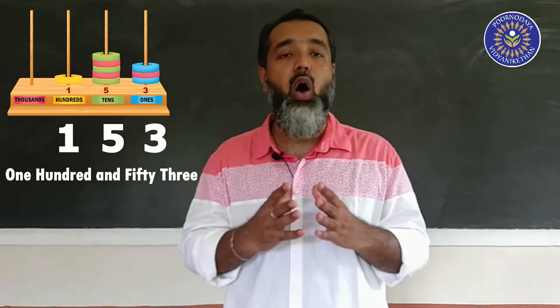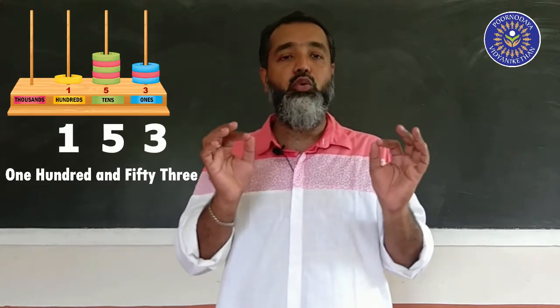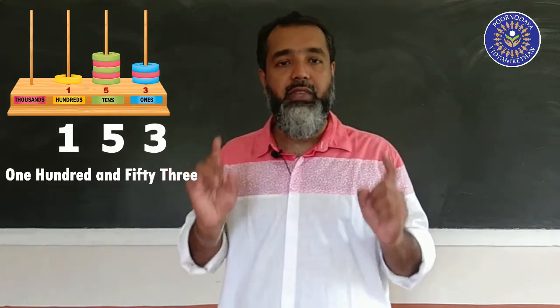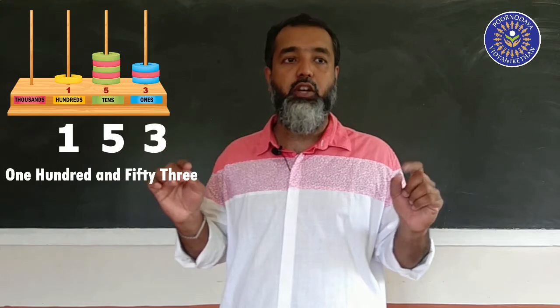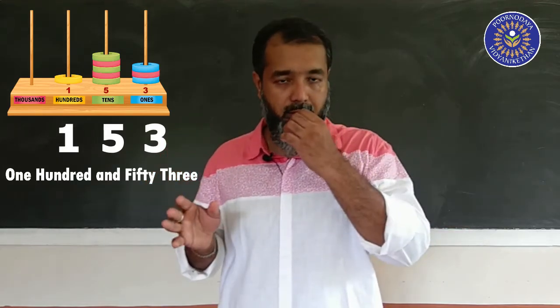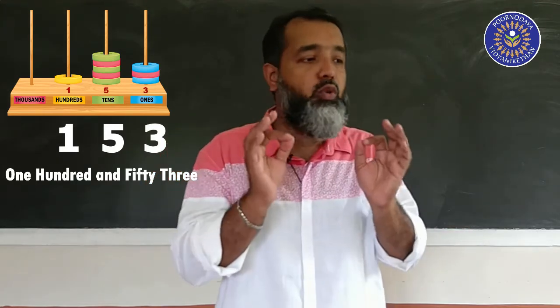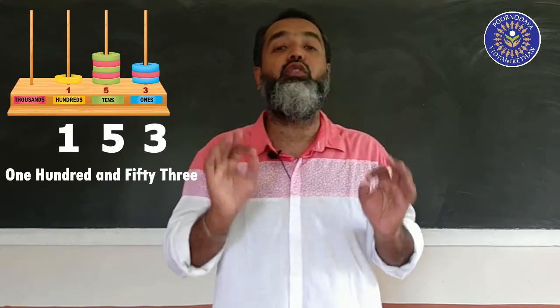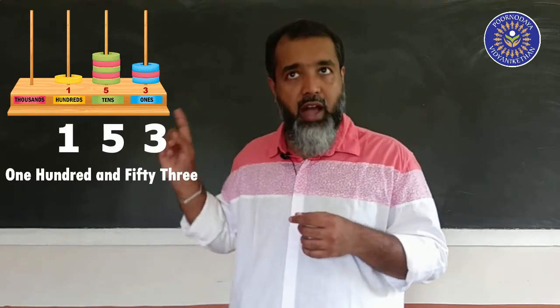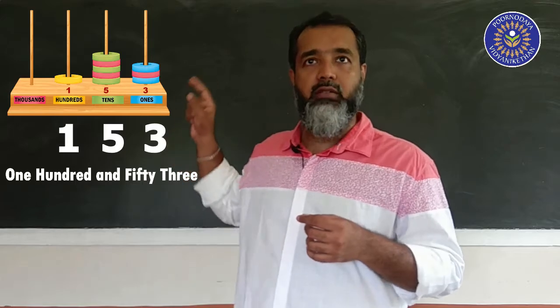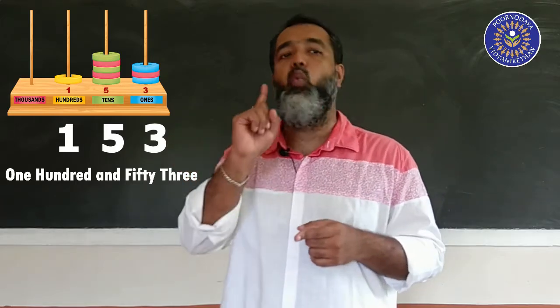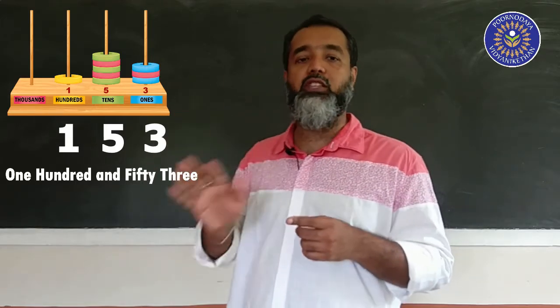This is how you learn to write 3-digit numbers. In the hundreds place you have just 1 ring, so 100. In the tens place you have 5 tens because you have 5 rings.